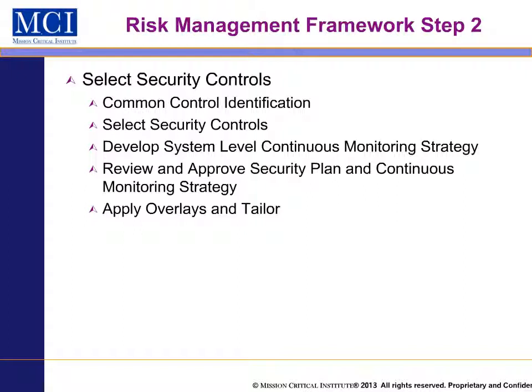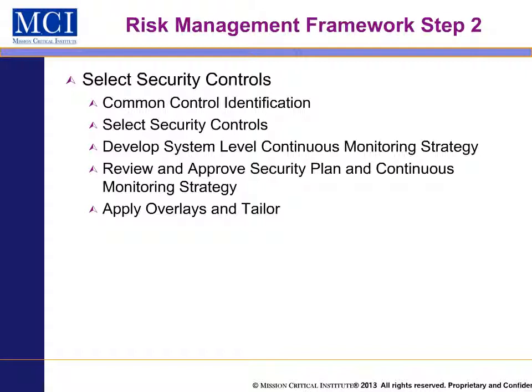Okay, so for risk management step number 2, this is selecting your security controls. This involves identifying the security controls that are provided by the organization as common controls for organizational information systems and documenting the controls in a security plan or some equivalent document. Now, this then means selecting the security controls for the information system and documenting the controls in the security plan.